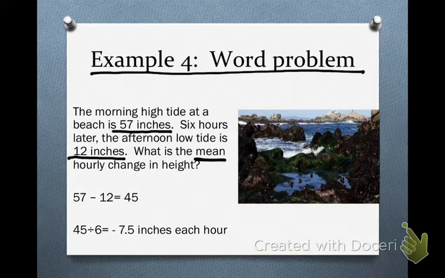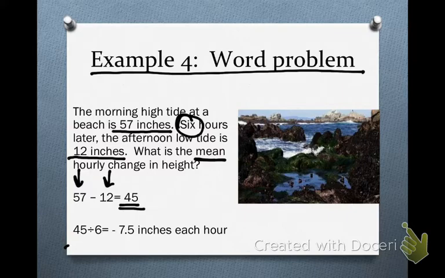So here's where we started. Here's where we ended. So the difference is 45. But that took 6 hours to happen. So you're going to take that change in inches, 45, divided by the 6. So your tide changed 7.5 inches each hour. So now was your tide going up or was your tide going down? So let's look.